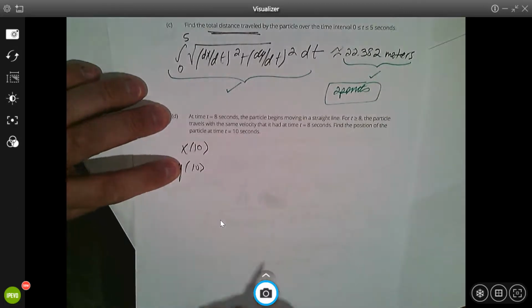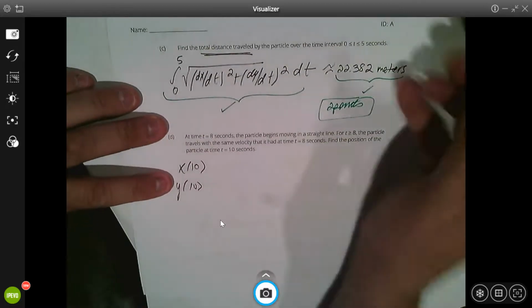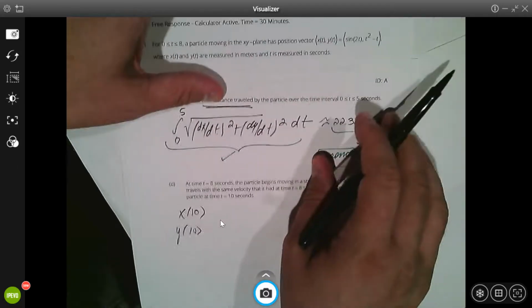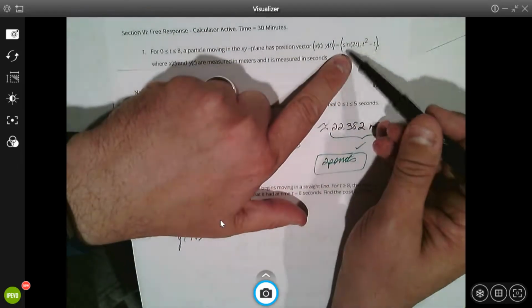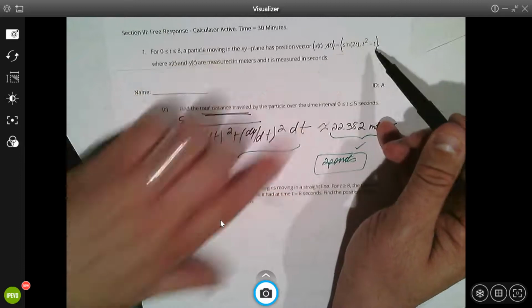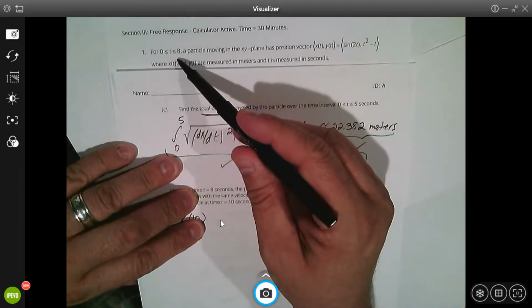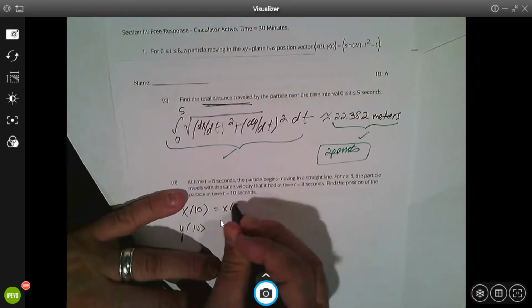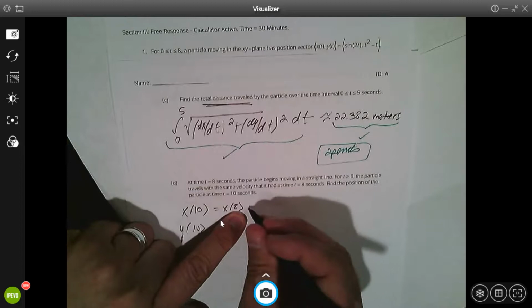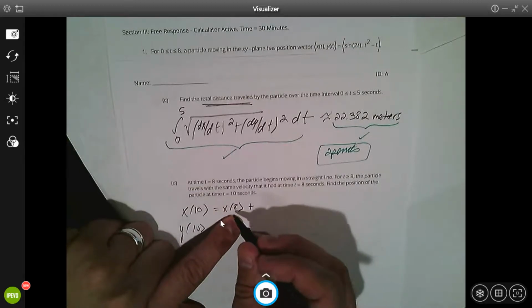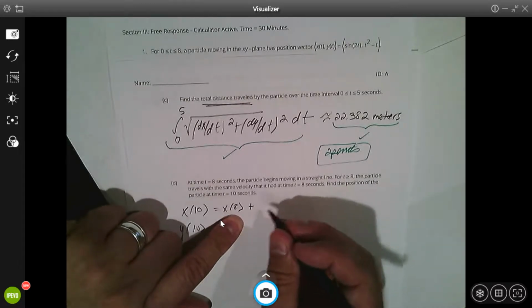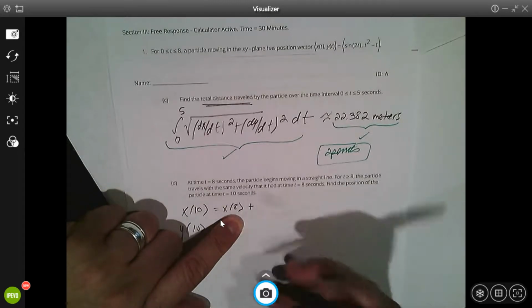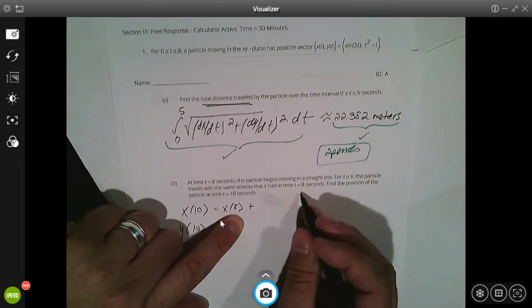Let's see, well, what do we know? They gave us the velocity, they gave us this position expression, sine of 2t, comma, t squared minus t, and we were told that that worked on the time interval 0 to 8. So the position at time 10 is the position at time 8 plus however fast or slow the position in the x-coordinate was changing. Well, we're told in the problem that the particle travels with the same velocity that it had at time t equals 8.